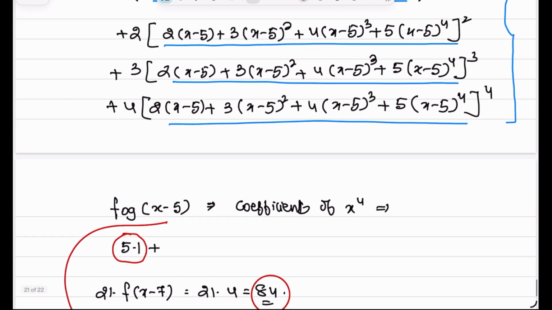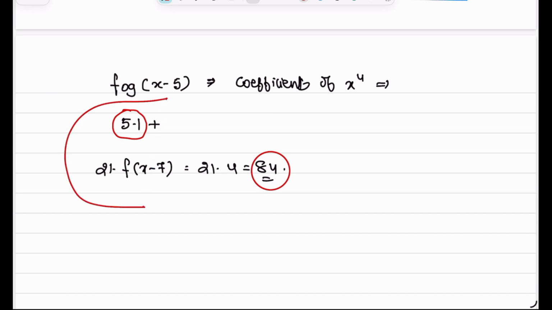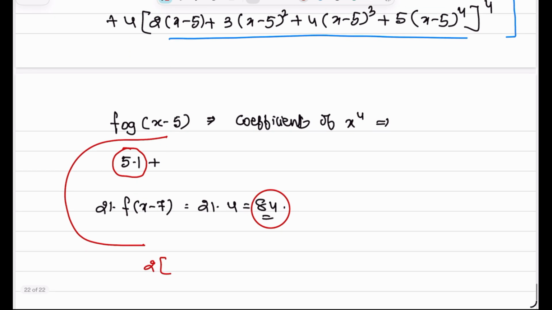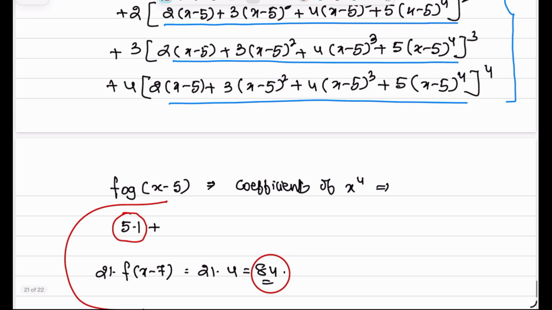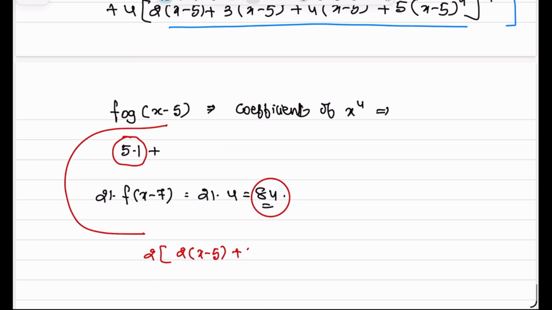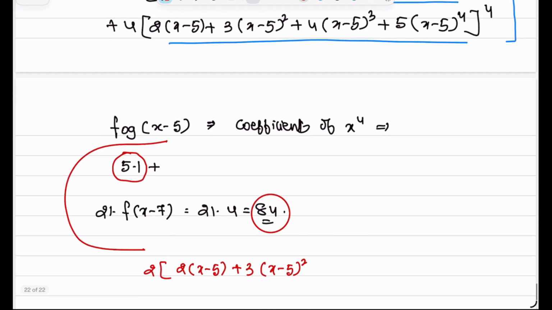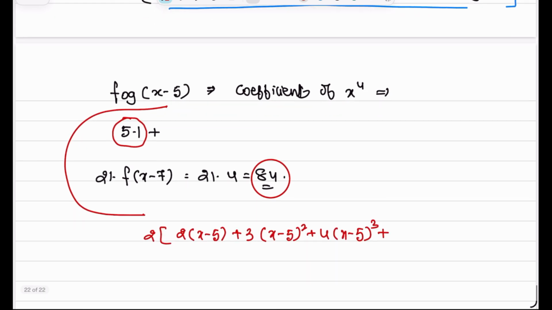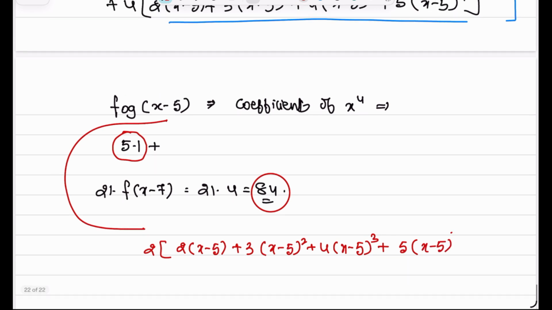2 into 2 into 2 into x minus 5 plus 3 into x minus 5 whole square plus 4 into x minus 5 whole cube plus 5 into x minus 5 to the power of 4 whole square.